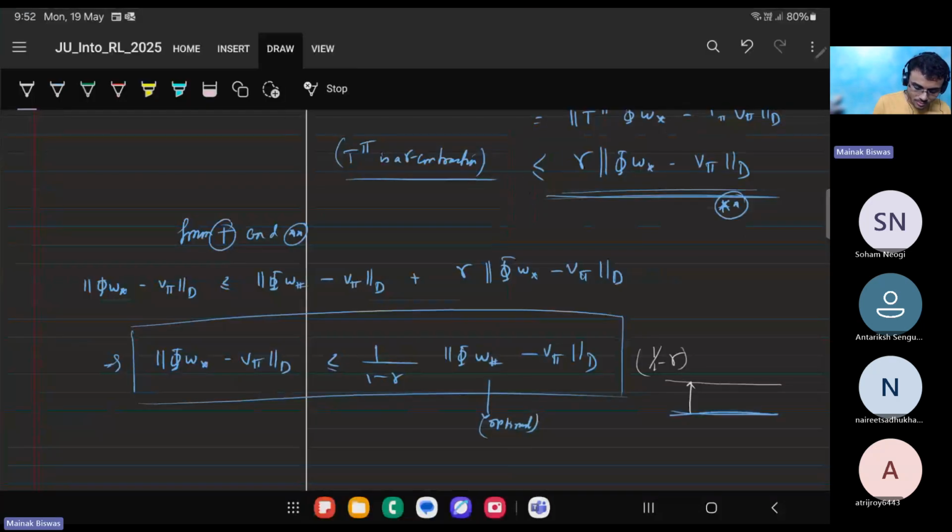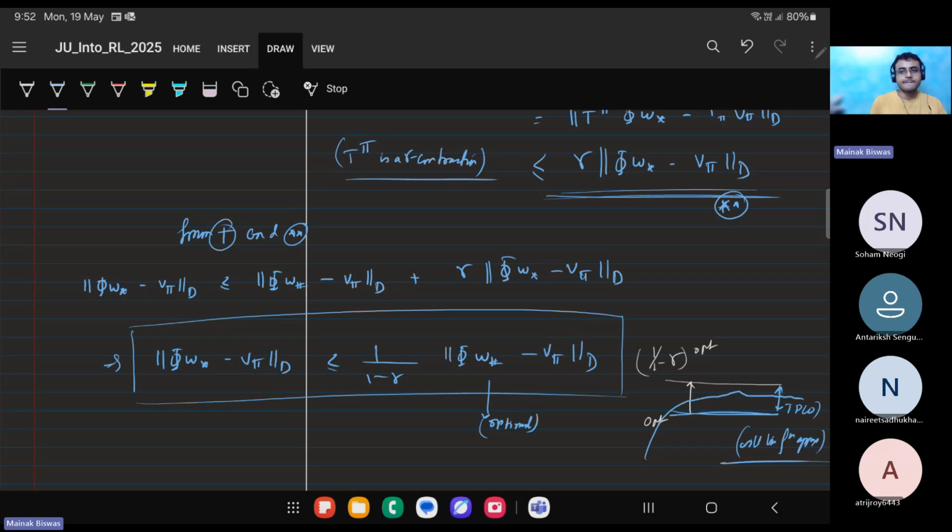So this is opt, and your algorithm can range anywhere here, TD0 with linear function approximation. Okay, that concludes TD0 algorithm with linear function approximation.